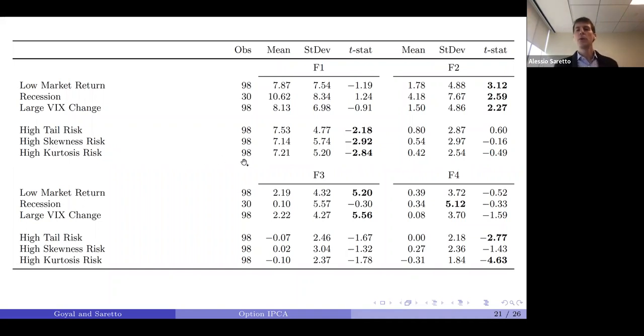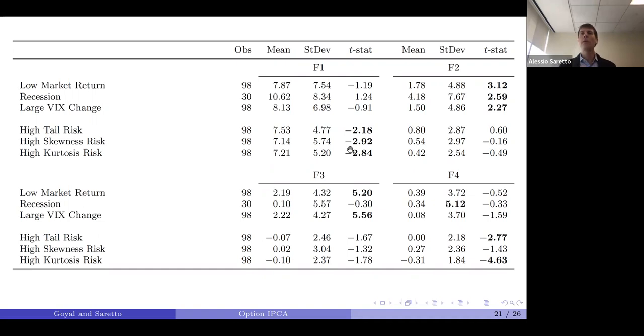What you see here is that the first factor does worse when you have high realization of either skewness, kurtosis, or tail risk. This is telling you that when the tail of the distribution becomes very important, the factor does worse.